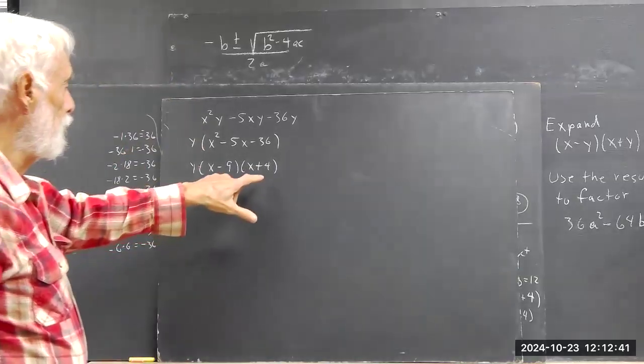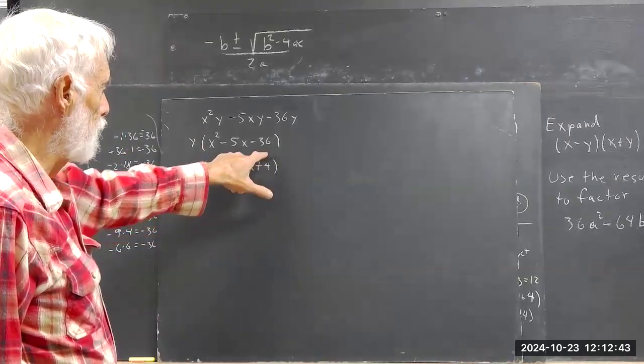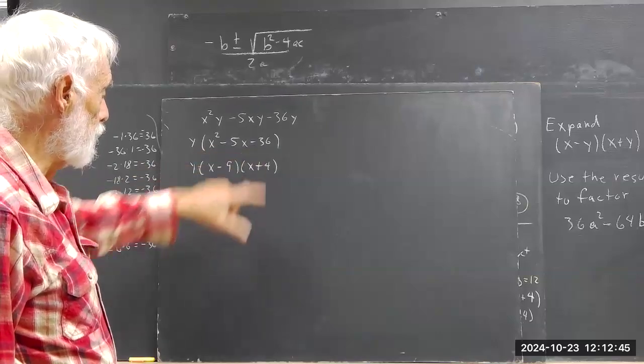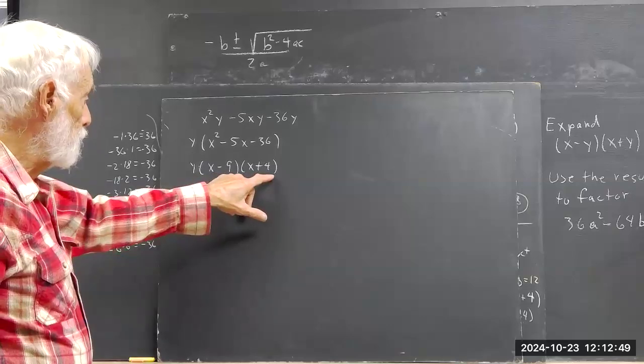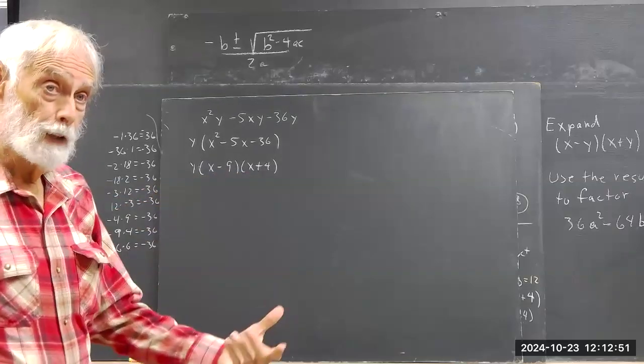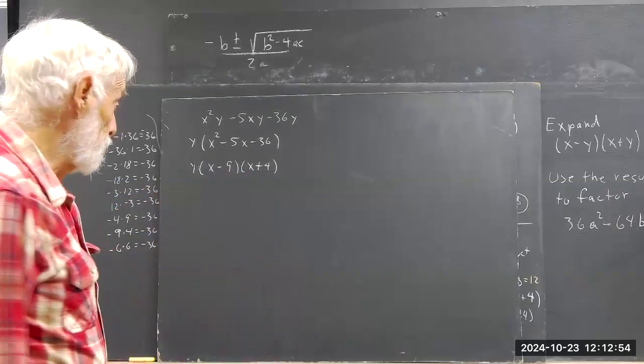And you think it through. The 9 times 4 is going to give you 36. It's going to be negative because the 9 is negative. And then negative 9x plus 4x is negative 5x. And it works.